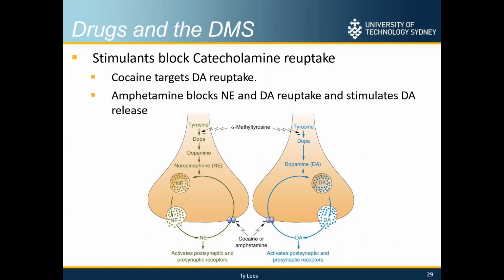This is seen in both the noradrenaline and also the dopaminergic system, okay? And the resulting effect is the prolonged presence of the neurotransmitter in the postsynaptic cell, which continuously activates the postsynaptic cell.